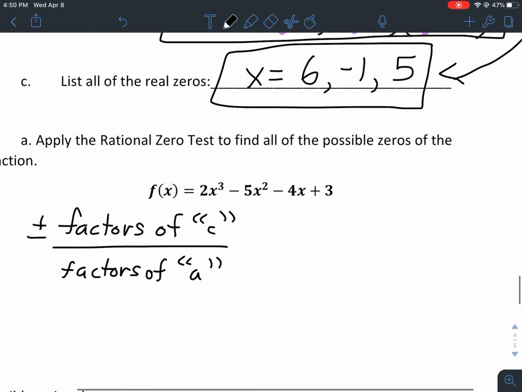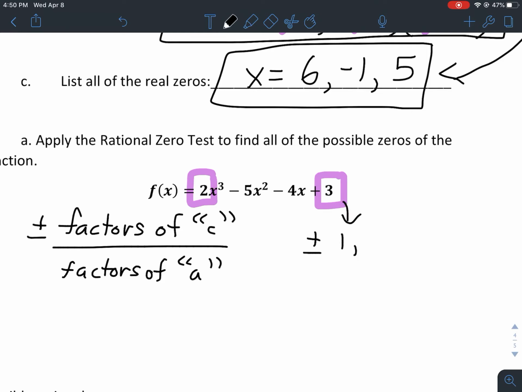So if we do that here, it's actually pretty easy since these numbers are both prime here. The factors of our constant 3 would be just 1 and 3. Those are the only numbers that are factors of 3 since it's prime. And the factors of 2, again, it's prime, so it'd just be 1 and 2.